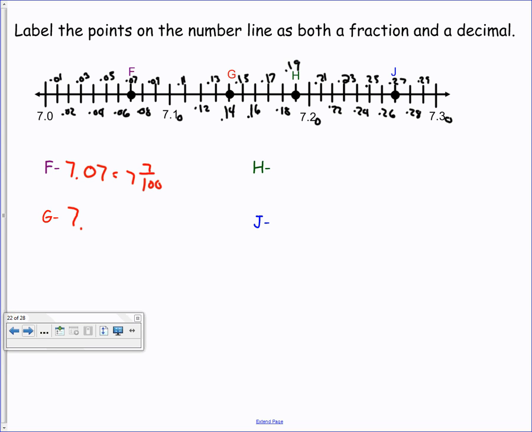That looks like 14 hundredths. H would be 7 and 19 hundredths. And then finally J is 7 and 27 hundredths.